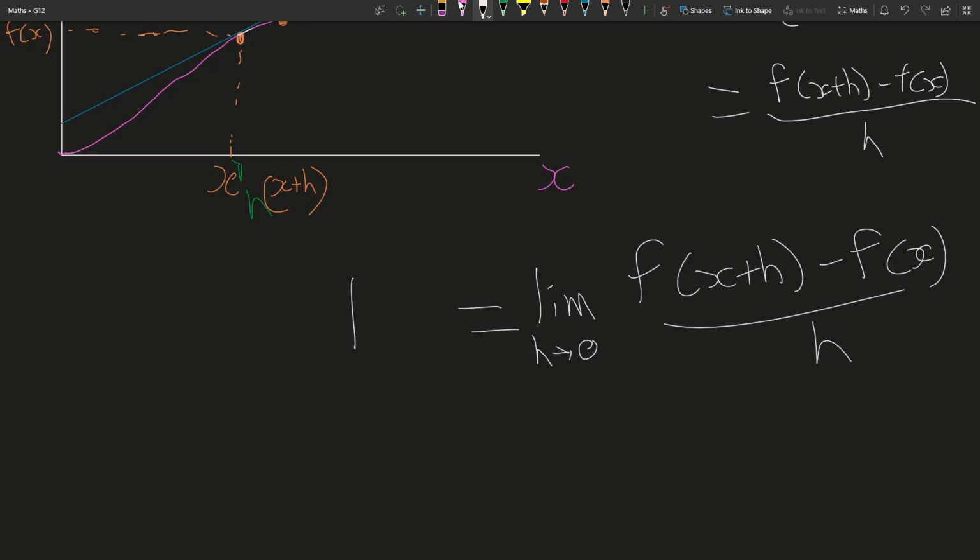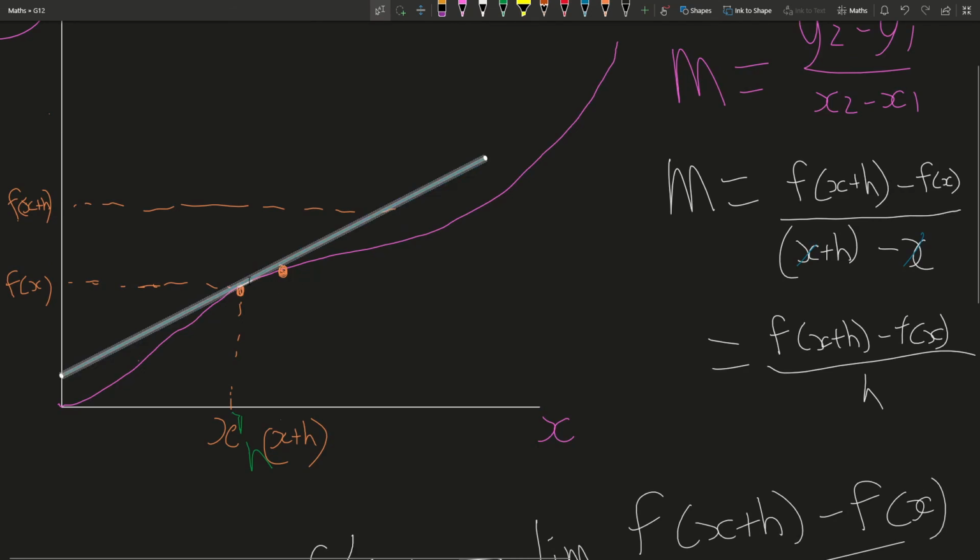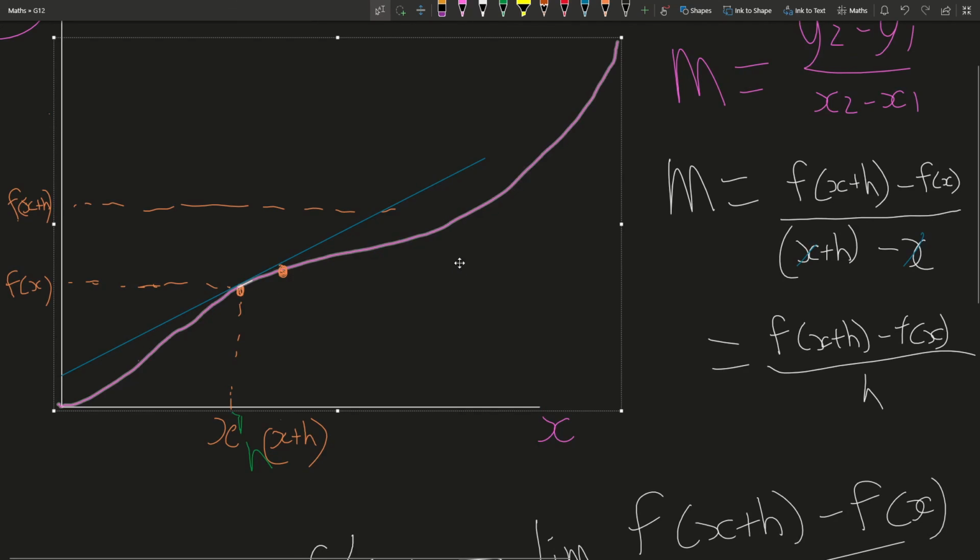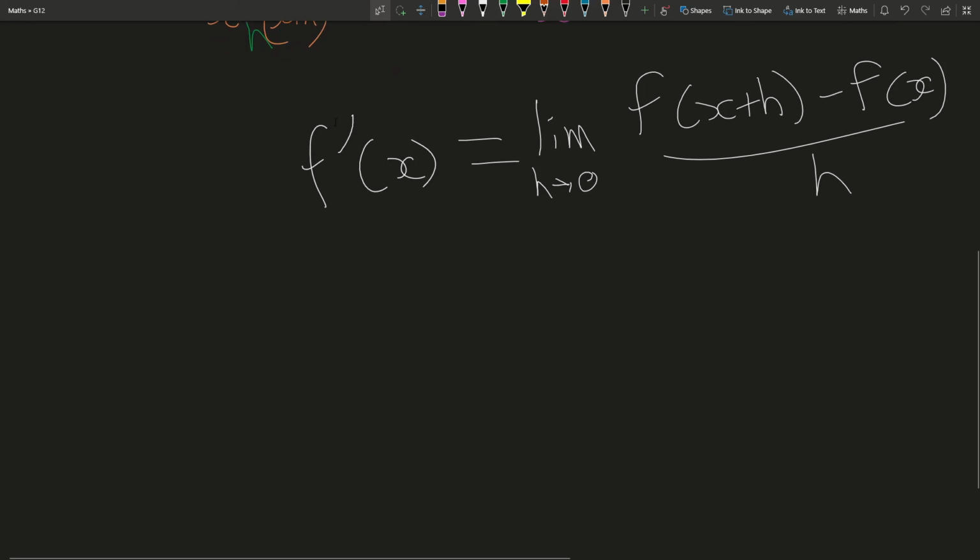So this is how you get your derivative, and what we would call this, if our original equation is f of x, then this is going to be f apostrophe x, the derivative of x. And that's just a fancy way of saying the gradient of this equation at any point.